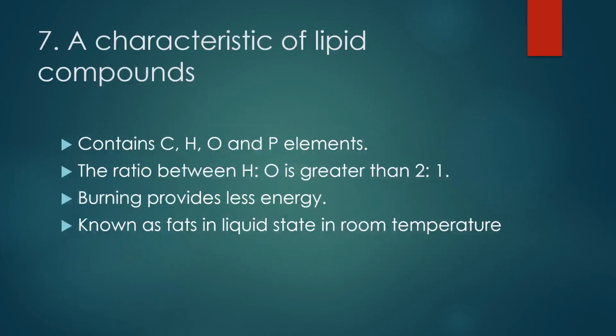Question number 7. The characteristics of lipid compounds. I will move one by one. Contains C, H, O and P elements. There, P is not present. P means phosphorus is not present in lipid compounds. The next one: the ratio between hydrogen and oxygen is greater than 2 to 1. As you know, in carbohydrates, the ratio between hydrogen and oxygen is 2 to 1. But lipid compounds have a greater ratio of hydrogen to oxygen than 2 to 1.